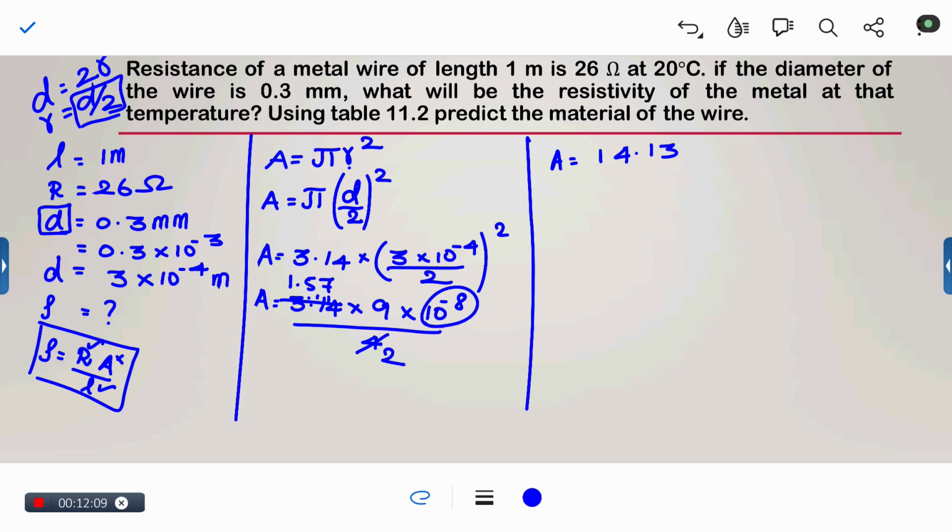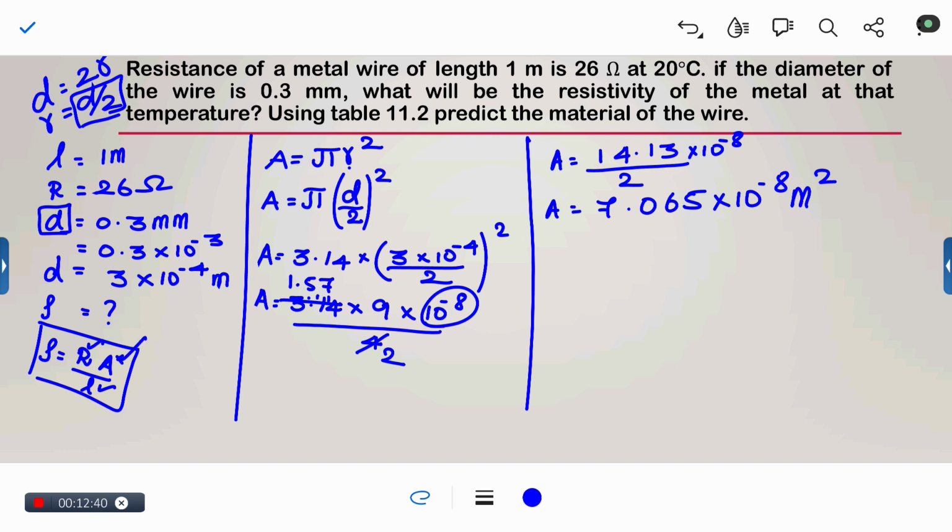We should not forget this exponent: into 10 to the power of minus 8 by 2. Now divide these two numbers. So A is equal to 7.065 into 10 to the power of minus 8 meters square. This is the area we calculated.